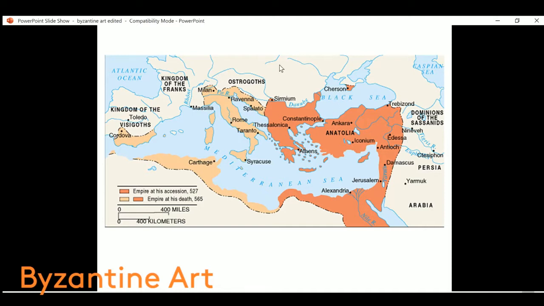So these are the ones that constantly attacked the Roman Empire until it became weakened. When Western Rome collapsed, Byzantium became the last remaining Roman Christian empire until it fell to the Ottoman Turks in 1453, right? So that's a brief history. Let's check the next slide.